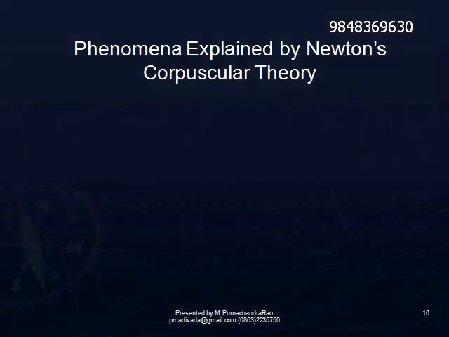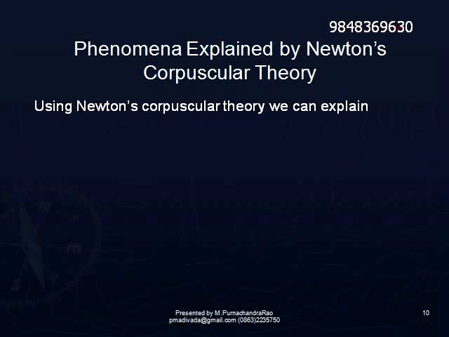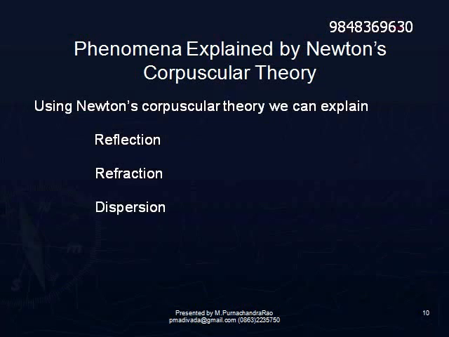Now, the success and failure of Newton's corpuscular theory, that is, what are the phenomena that are explained by this theory and where it failed. Newton's corpuscular theory can be used to explain reflection, refraction, and dispersion. These three properties can be explained.